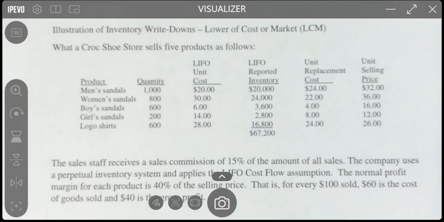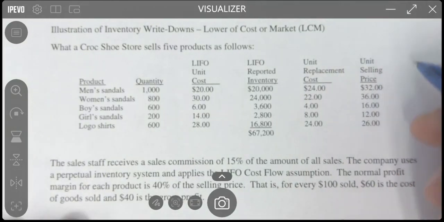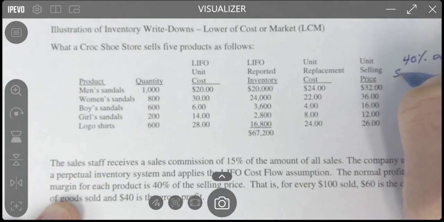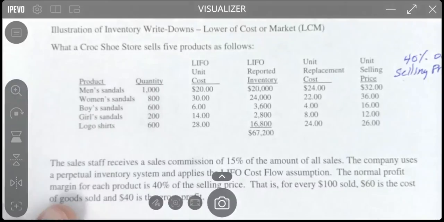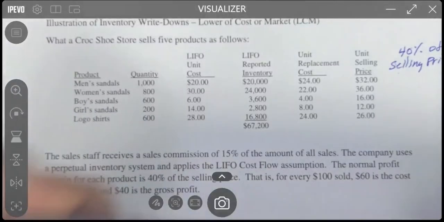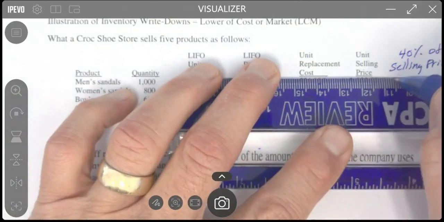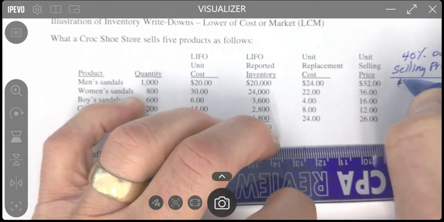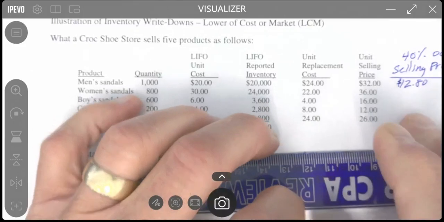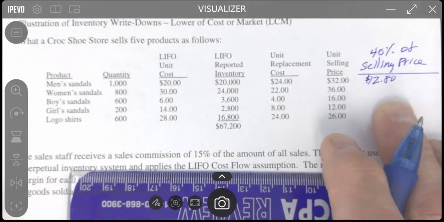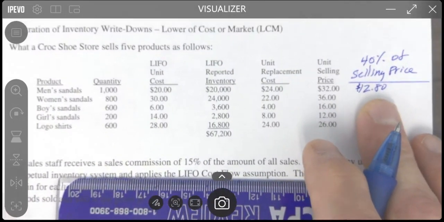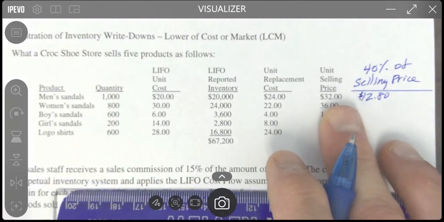So if the selling price is 32, 40% of selling price is $12.80, and that's what will be our profit margin when we sell men's sandals, if indeed we're able to sell them at 32, which we expect to be able to.